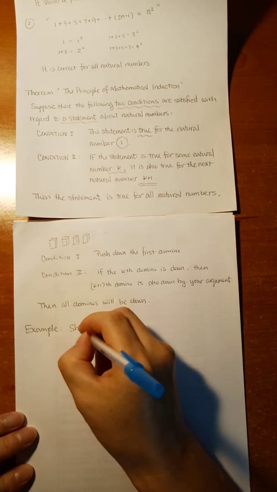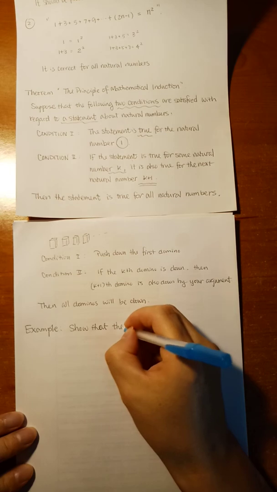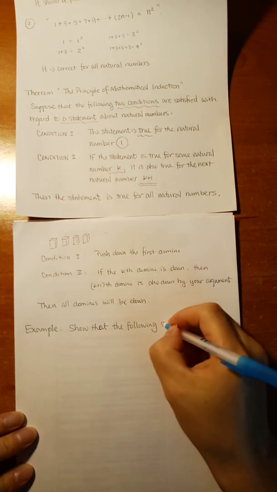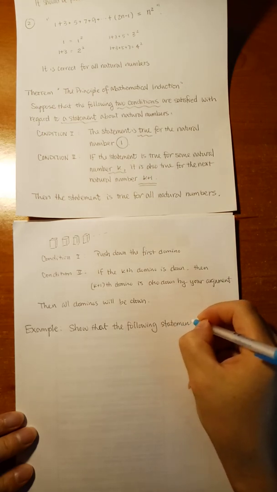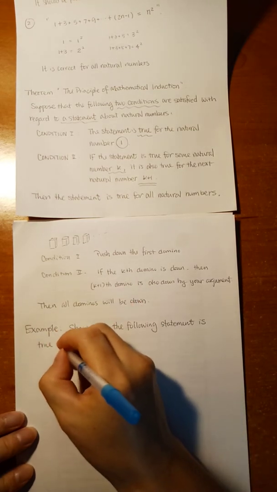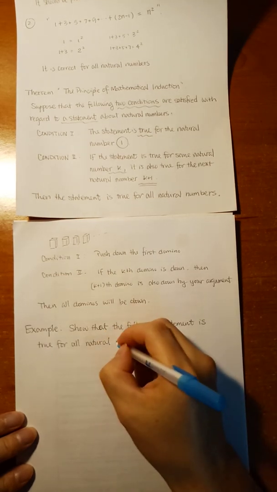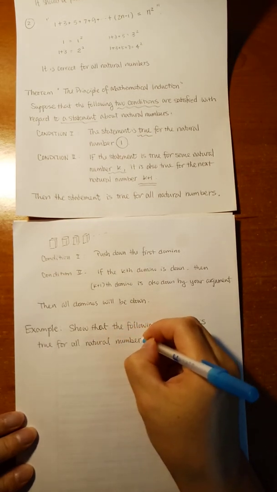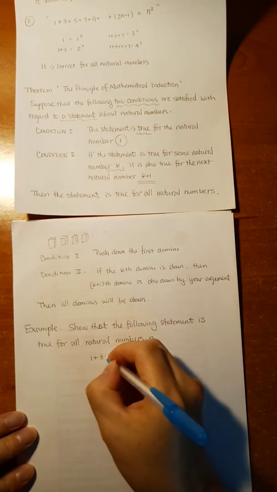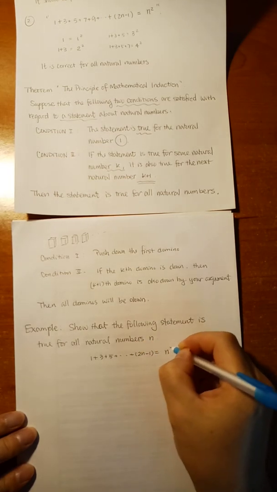Okay, show that the following statement is true for all natural numbers n: 1 plus 3 plus 5 dot dot dot plus 2n minus 1 is equal to n squared.